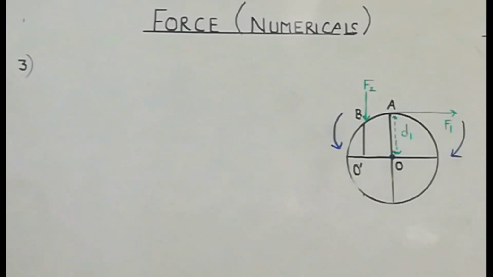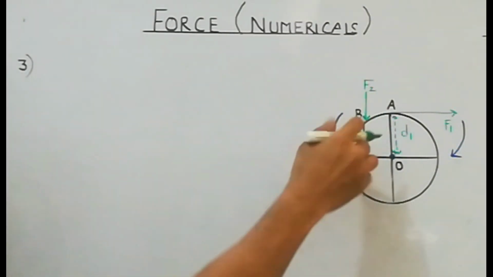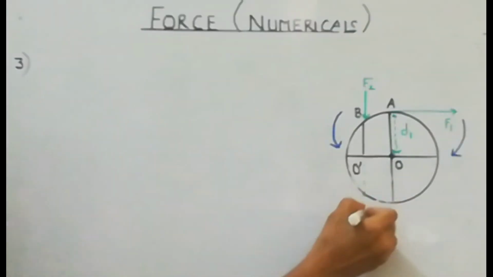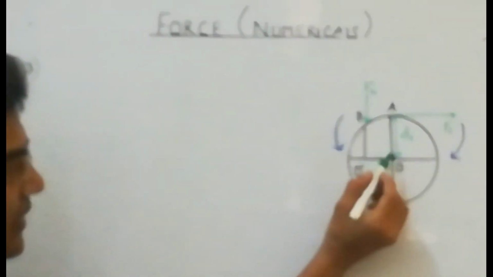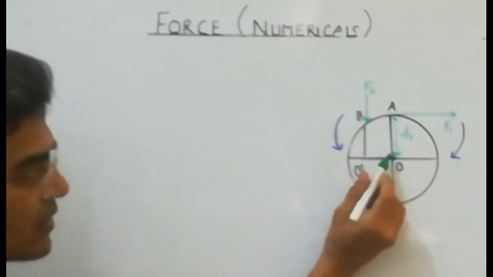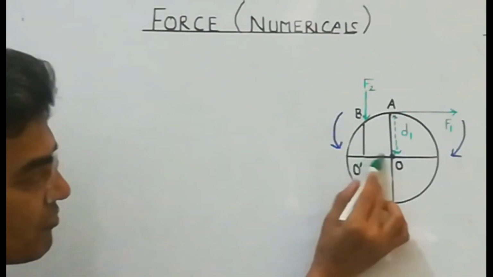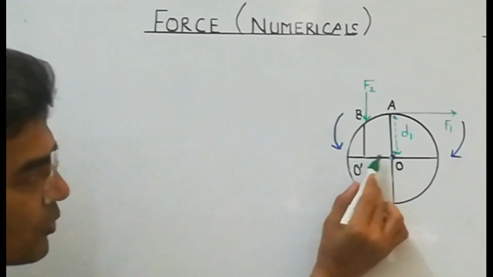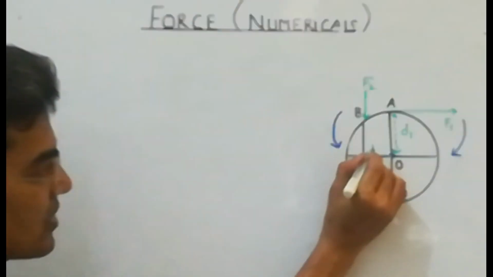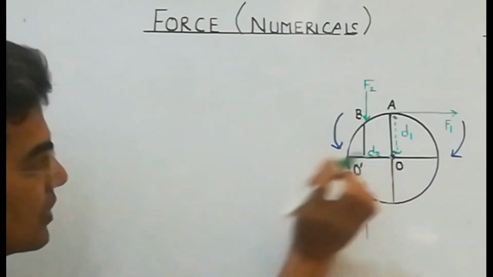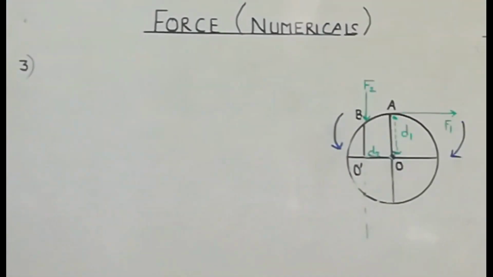And F2 is acting along OO dash, so this is the line of action of force, and D is the perpendicular distance of the line of action of force from the point of rotation. So this is D2, the distance of the second force.